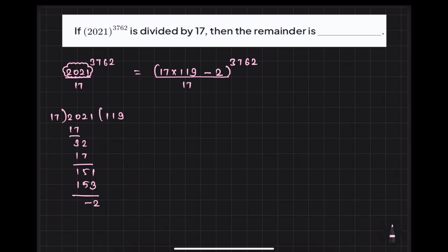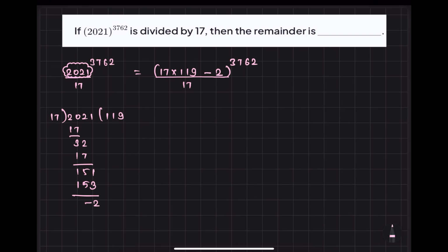Now we will apply the binomial concept, means we will expand this bracket. Treat this as A, treat this as B, and you can open this bracket, correct? You also know that the element in which 17 will exist will be divisible by 17, correct or wrong?